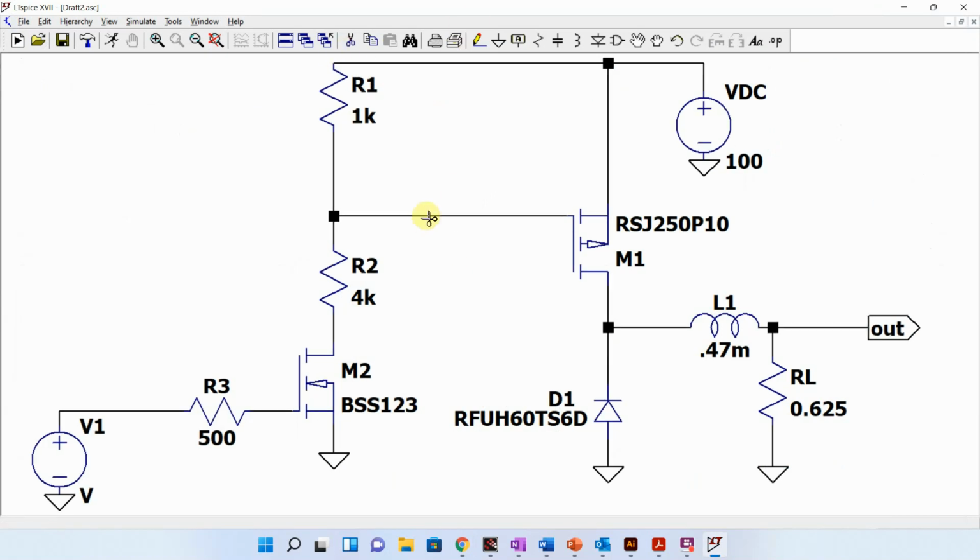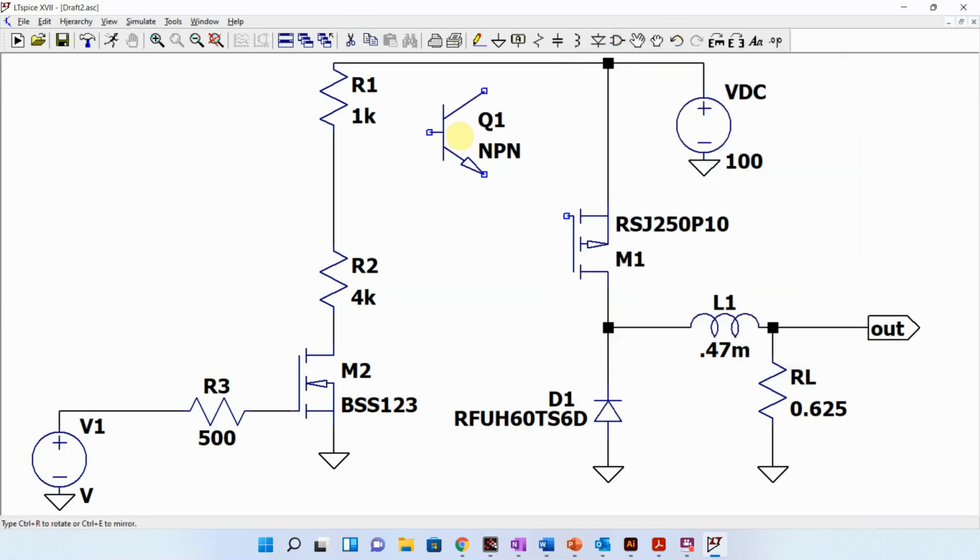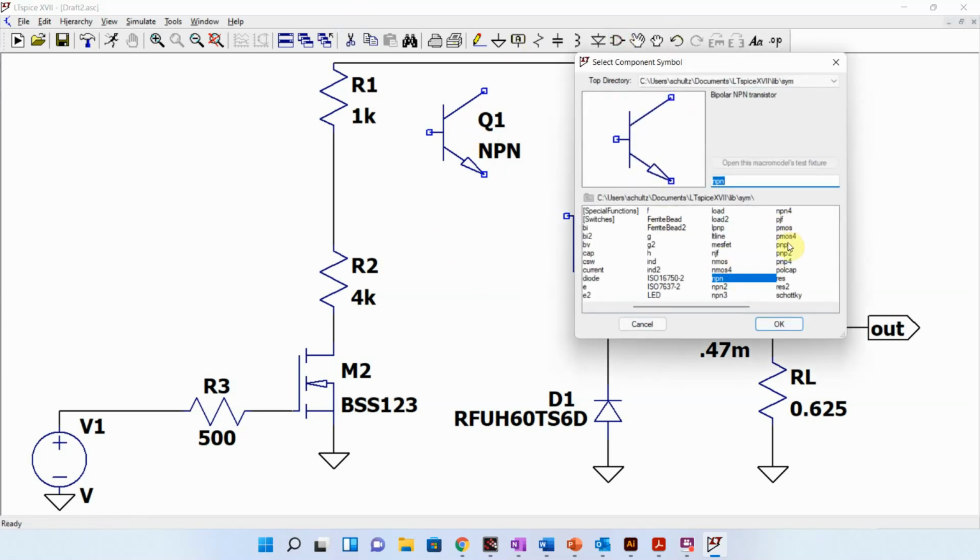So we're going to break this line. And we're going to grab an NPN. And we're going to grab a PNP.